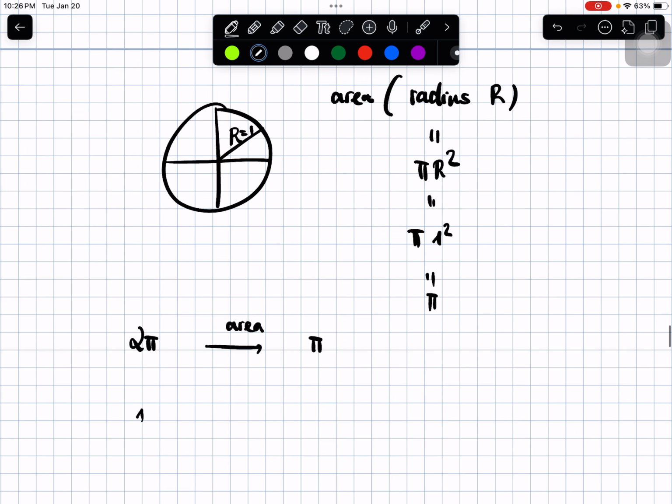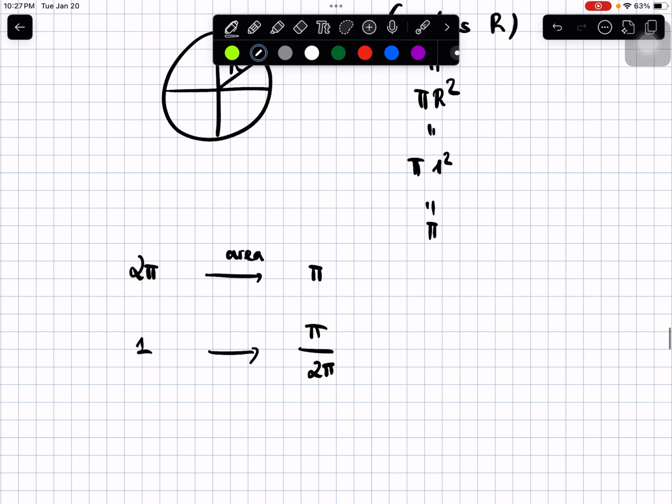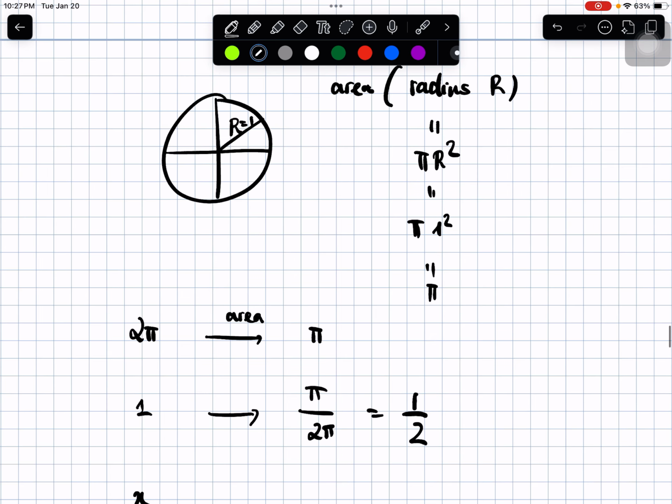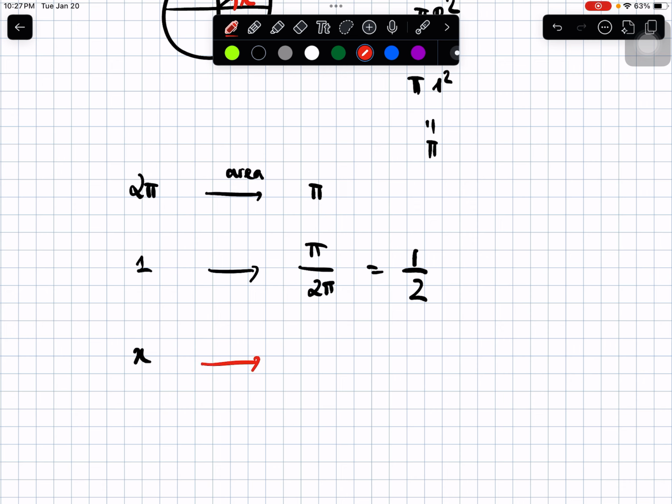If we have only 1 radian, the area will be pi divided by 2 pi, so 1/2. Now we have not theta but x. If we have x here, then this angle will give us 1/2 x.